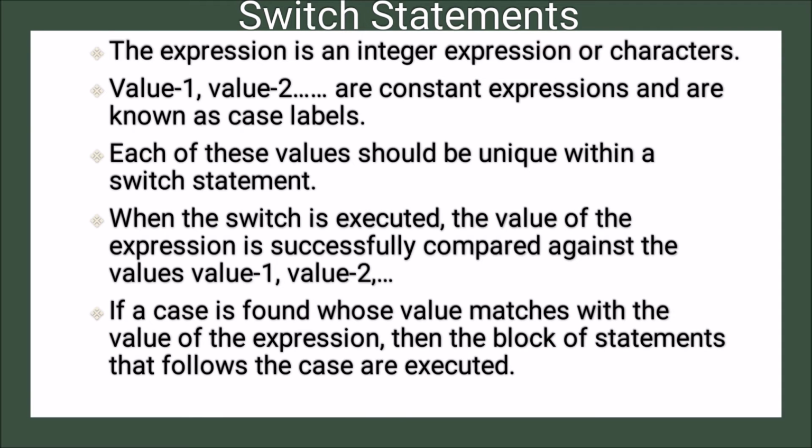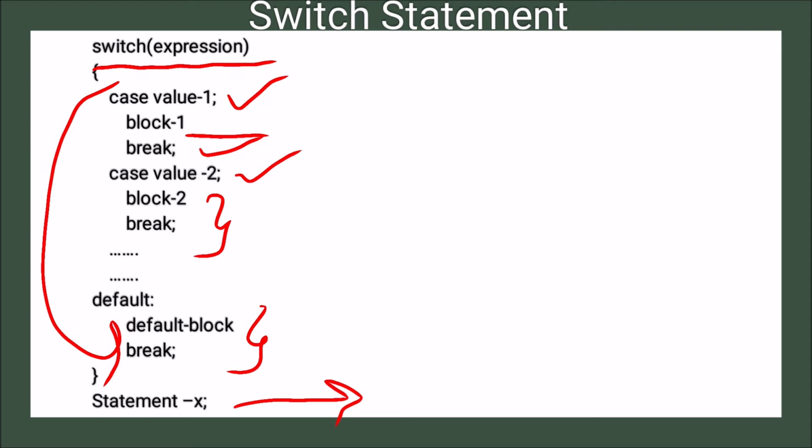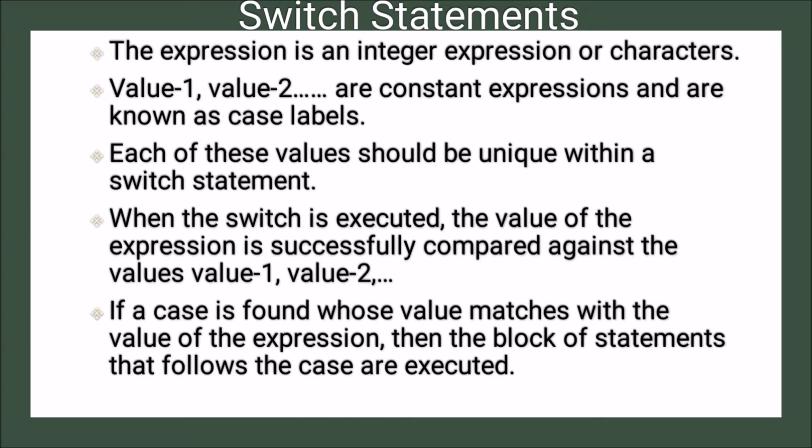So the expression is an integer expression. Okay, this expression is an integer expression or characters. Value 1, value 2 are constant expressions and are known as case labels. Each of these values should be unique within a switch statement.